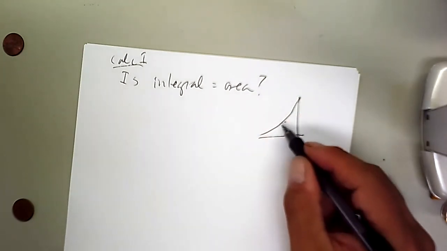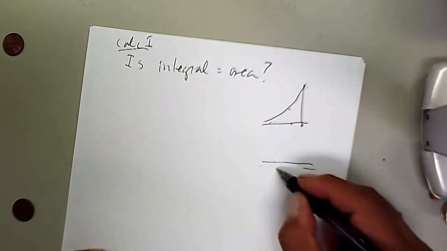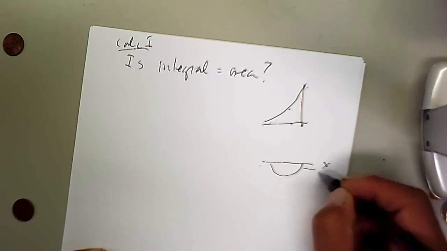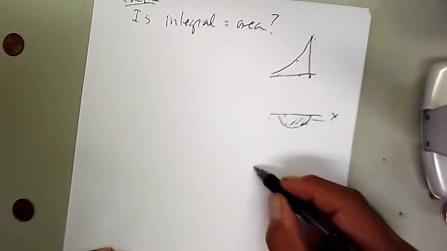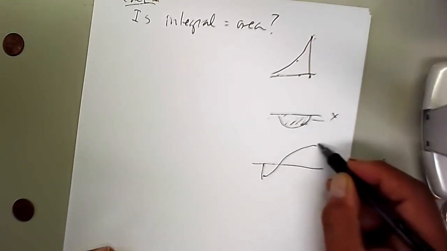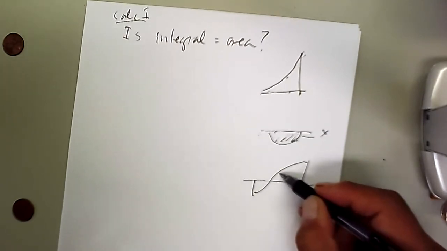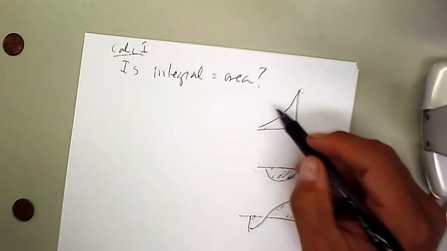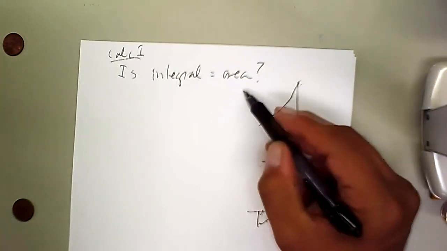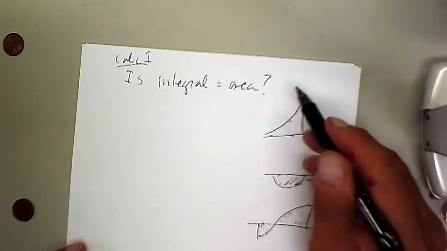The answer is yes, under the curve, if the function is positive. But if the function is negative, let's say you have a function here, this is the x-axis, then you don't get the area, you get the negative of the area. And if the function crosses the x-axis, then you don't get the area, you get the number you obtain from adding this area minus this area. So sometimes, yes, we get the area: when the function is positive, and what we mean is the area below the function and above the x-axis.